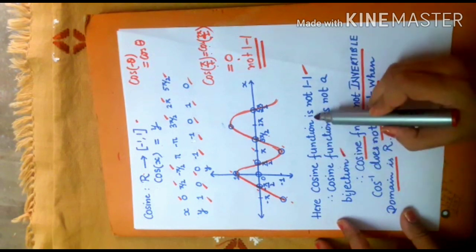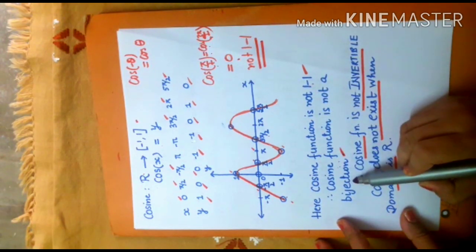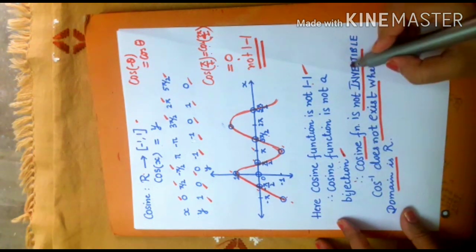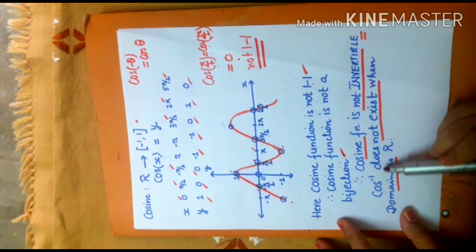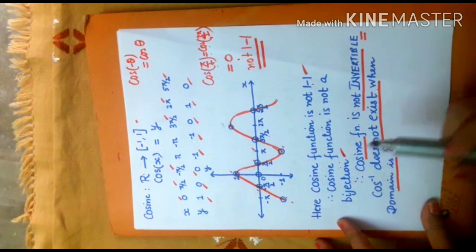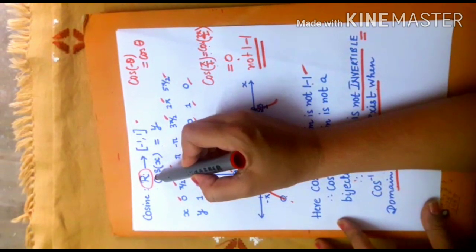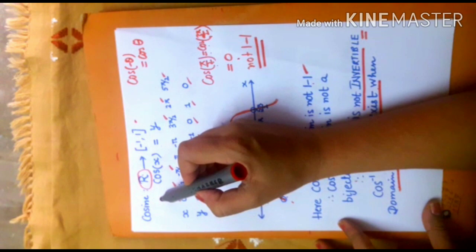So the cosine function is not one-to-one, therefore it is not a bijection, and because it is not a bijection, the cosine function is not invertible. Therefore cos inverse does not exist when the domain is R.